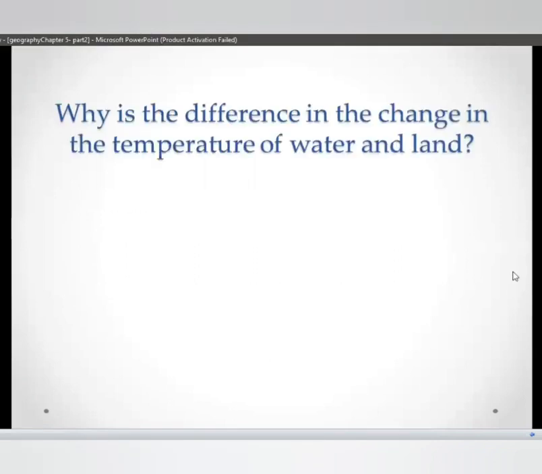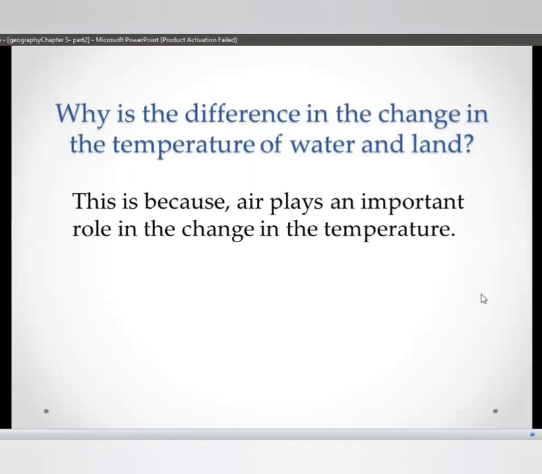Why is the difference in the change in the temperature of water and land? This is because air plays an important role in the change in the temperature. How so? How does air play an important role in the change in the temperature?